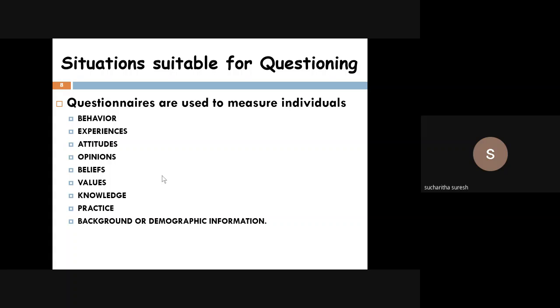Okay, then background or demographic information. To study the demographics of the people, for example, one of my sirs, and I am also a part of it, did a study on adverse effects of certain drugs. Geriatric patients take a lot of drugs, you see.